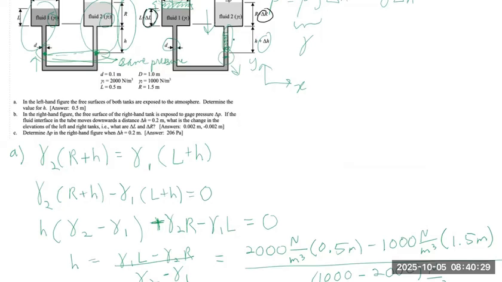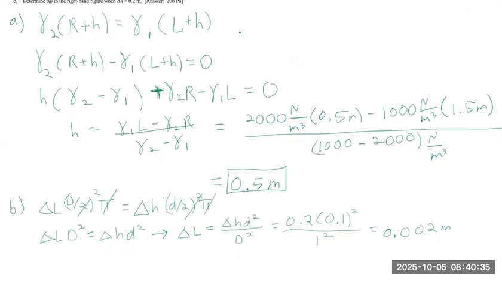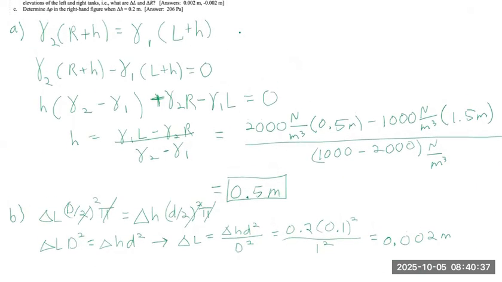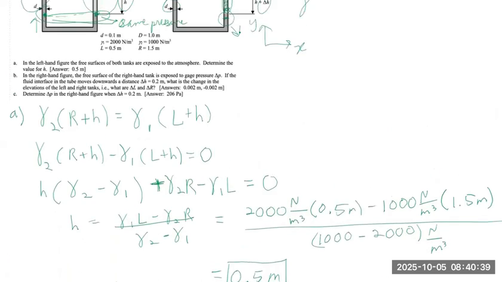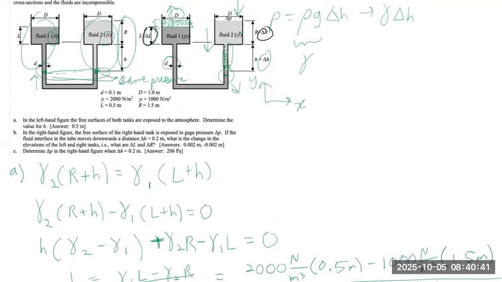An interesting thing to note here is that although the change in height, delta H, is negative because this whole column of fluid is moving downwards, we don't use negative 0.2 for delta H because we're considering delta L on this side.